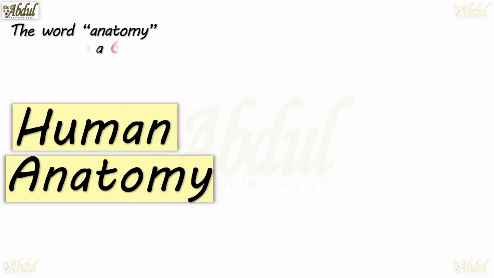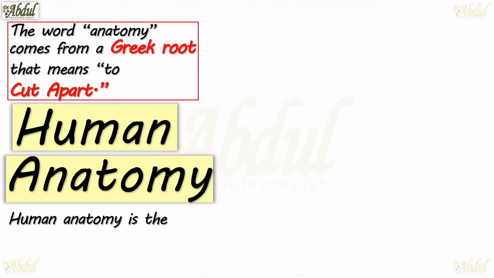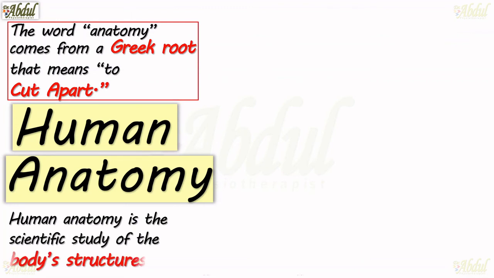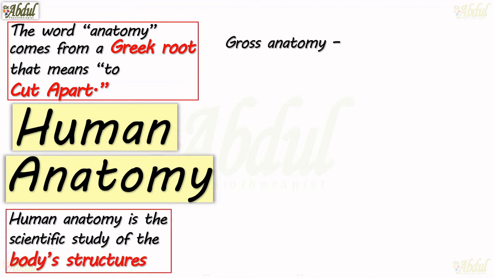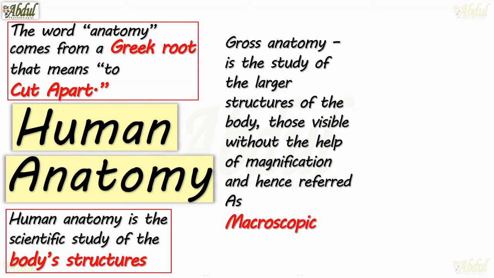Human anatomy. The word anatomy comes from a Greek root that means to cut apart. Human anatomy is the scientific study of the body's structure. Gross anatomy is the study of larger structures of the body, those visible without the help of magnification, and hence referred to as macroscopic anatomy.